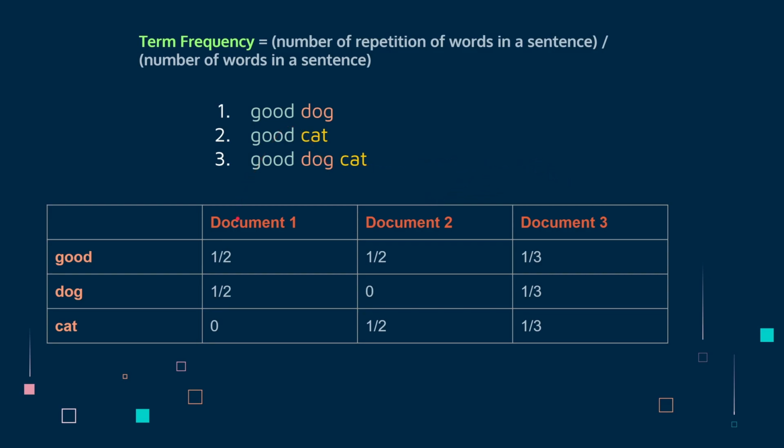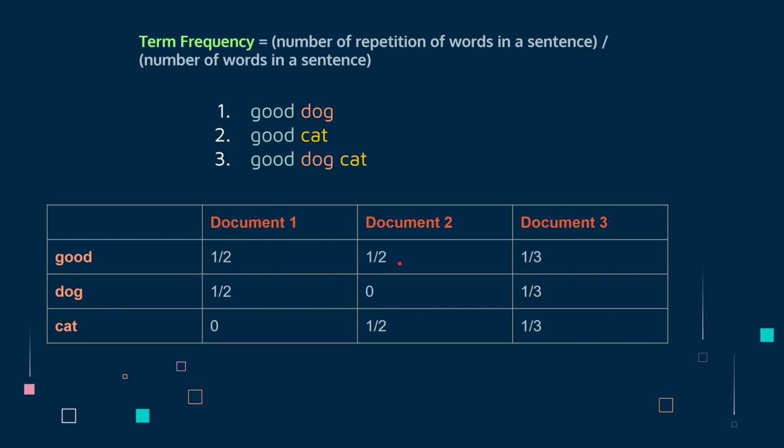So how do we apply this formula? Well, for good in document 1, we take the number of repetitions of the word good in document 1. The word good only appeared once, so it's 1 divided by 2 because there are 2 words in the document.